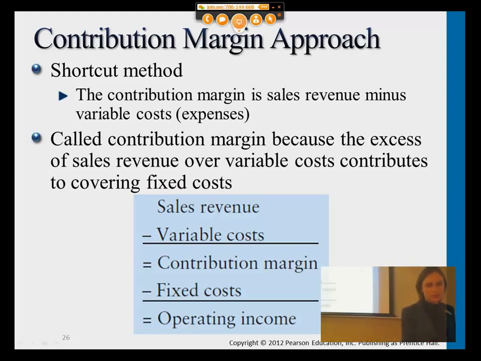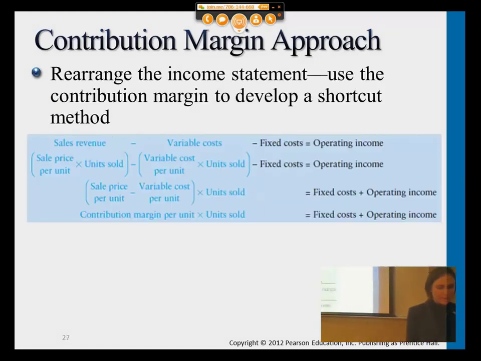So we're going to take sales revenue, subtract the variable cost, and that's going to be my contribution margin, and then subtract fixed cost, and that's my operating income. Just another point of view of looking at the operating income. This should clear things up.